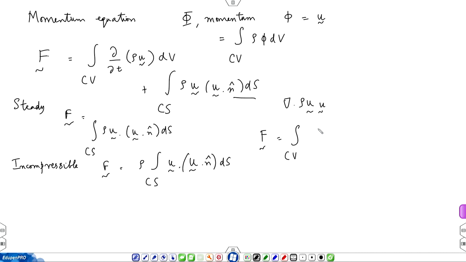The derivative of rho u with time can be written as rho times derivative of velocity plus u times the derivative of density, right. It is differentiation of a product of two functions.